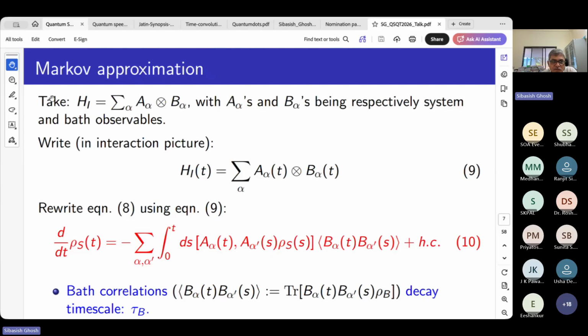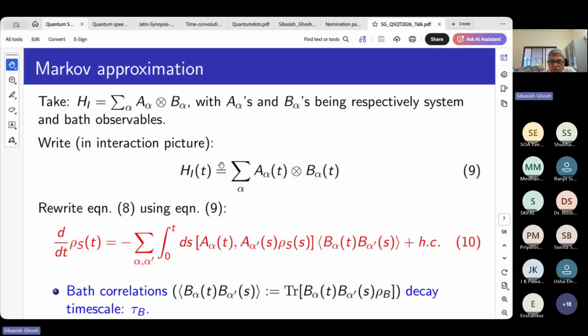Given this form, I can then write down the interaction picture form of H_I(t). This will be A alpha t and B alpha t. A alpha t is the interaction picture form of A alpha with respect to the system's free Hamiltonian Hs, and B alpha t is the interaction picture form of B alpha with respect to the bath's free Hamiltonian Hb.